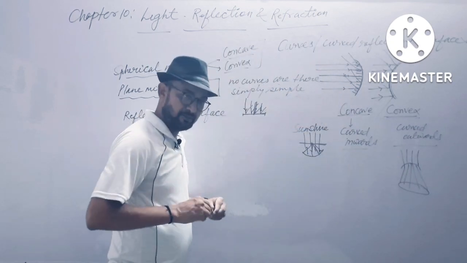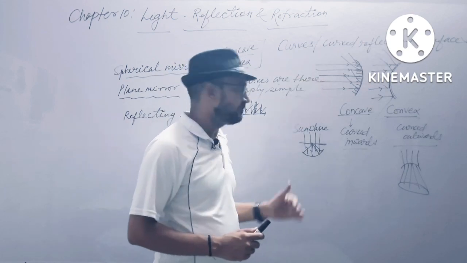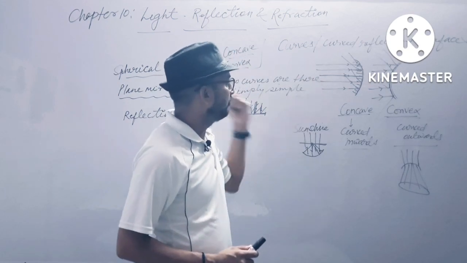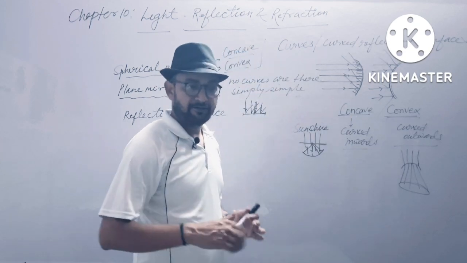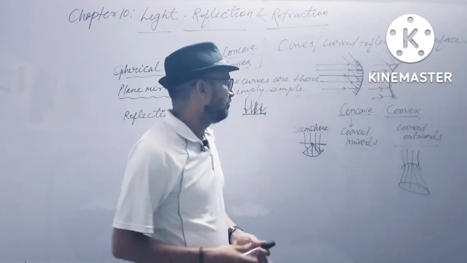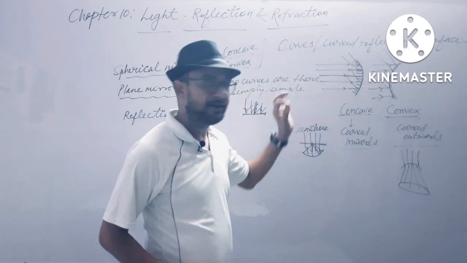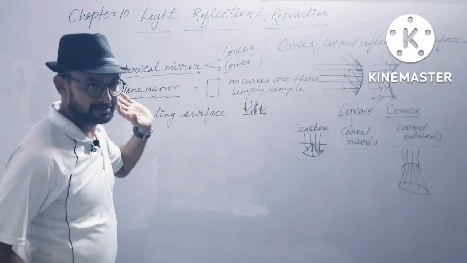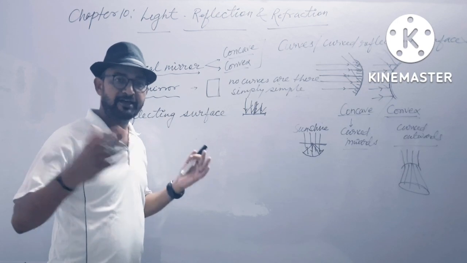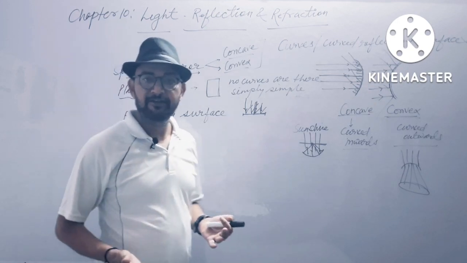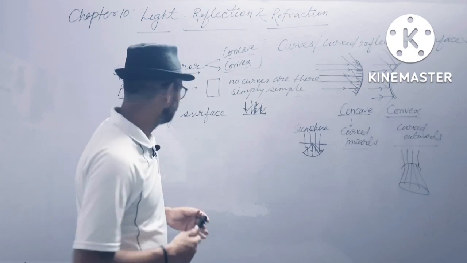This is another difference, and these differences between concave mirror and convex mirror are very fundamental. As we proceed ahead, we will see some more features of both spherical mirrors. This is just for definitional purposes, so that we can get familiar with the given set of terms.